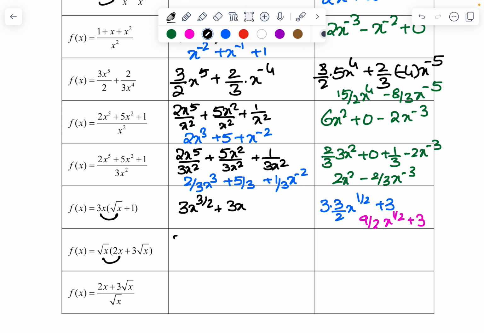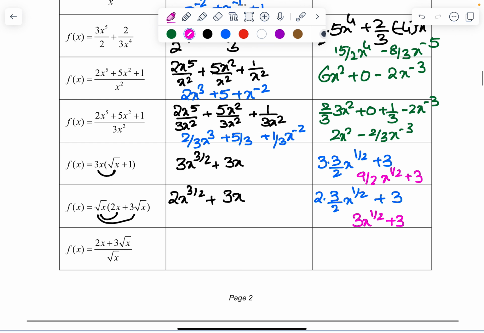Square root of x times 2x is 2x to the power of 3 upon 2, plus 3 root x is 3x. So its derivative is going to be 2 times 3 upon 2 x power 3 upon 2 minus 1, which is 1 upon 2, plus 3. So my final answer is going to be 3x power 1 upon 2 plus 3.